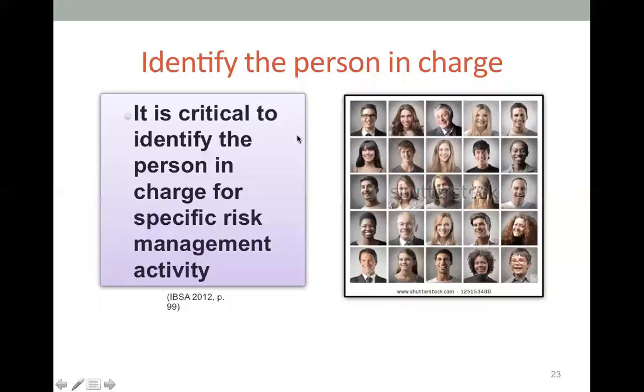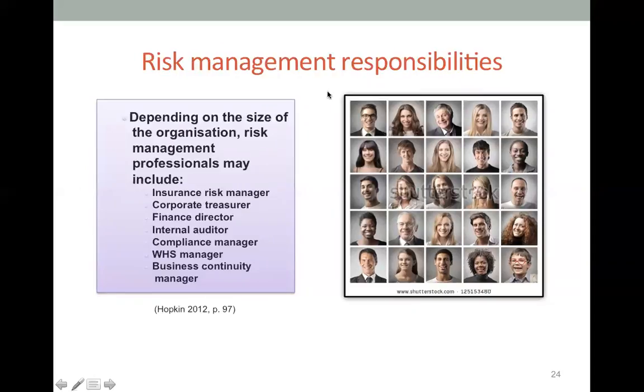And again, it is also critical to identify the person in charge of a specific risk management activity, because this person will help us achieve our goal in managing the risks. Normally organizations have their own specific person in charge responsible for specific activities, including managing risks.